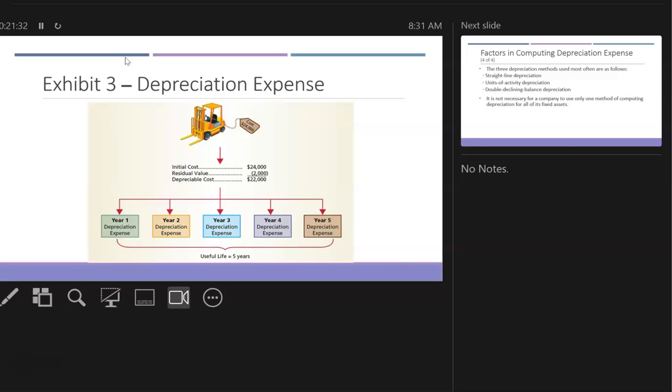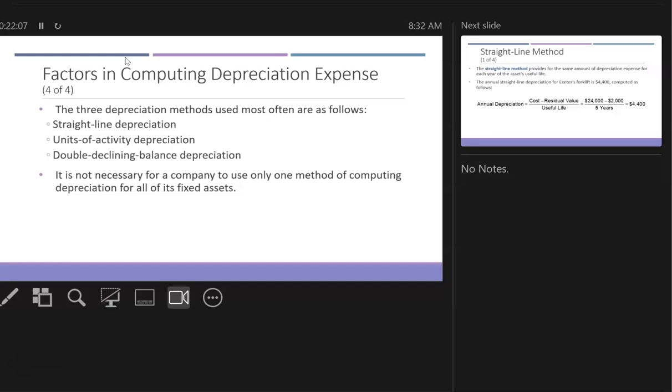So the $24,000, what they purchased it for, minus the residual value of $2,000, gives us what we call a depreciable cost, what we'll use for depreciation purposes, of $22,000. If we think it's going to be used for 5 years, we'll take a portion of depreciation for year 1, year 2, year 3, year 4, and year 5, for all 5 years.